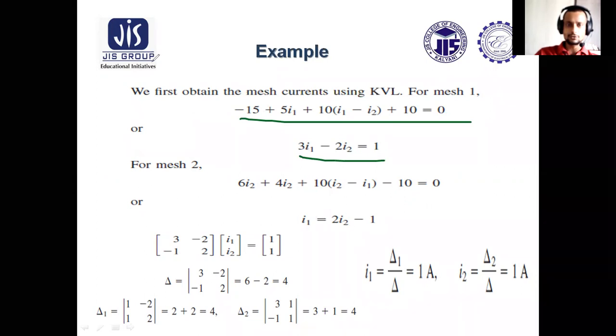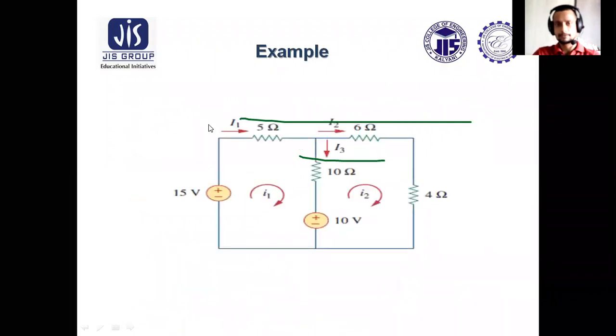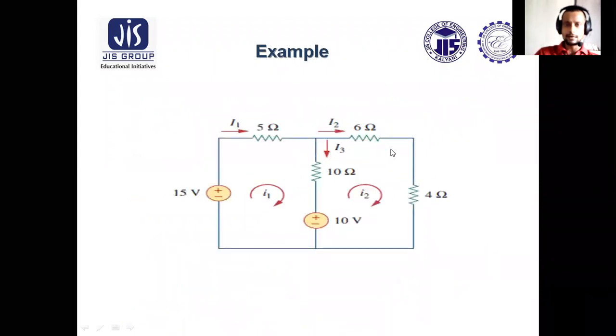Similarly for mesh 2, we'll apply KVL in second loop, 10 minus. Now we are working on loop 2, so let us assume I2 as greater.